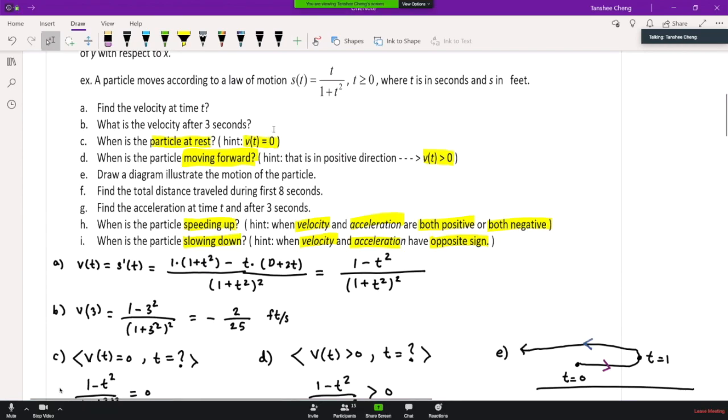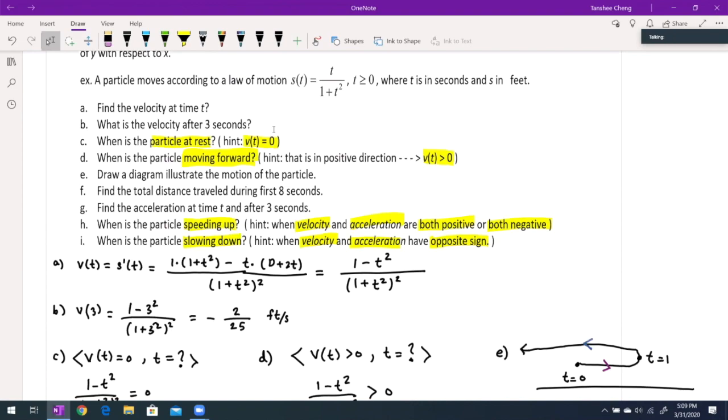Usually when the velocity is equal to 0, you might be changing direction. And moving forward means the value of the velocity is positive in that time interval, the particle is moving forward. That's what we mean. As well as speeding up and slowing down. Are we good?